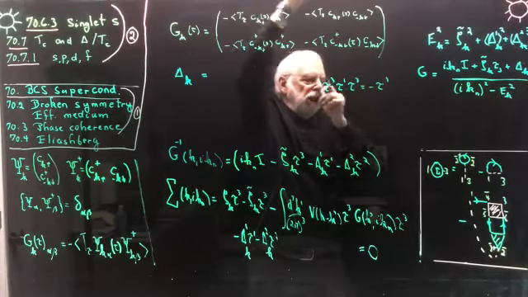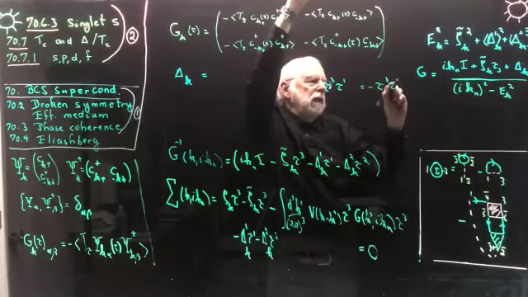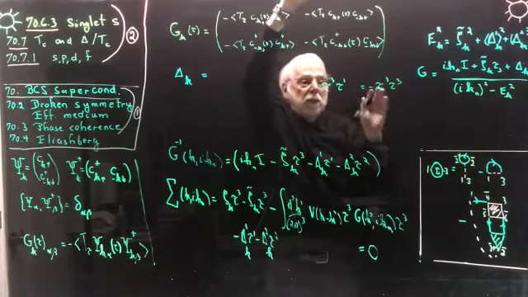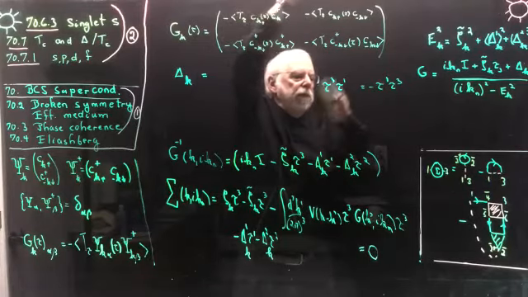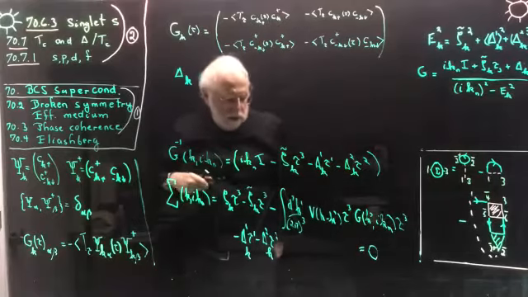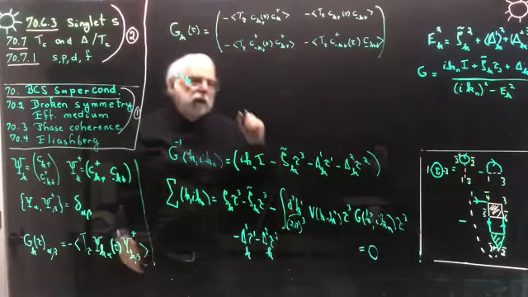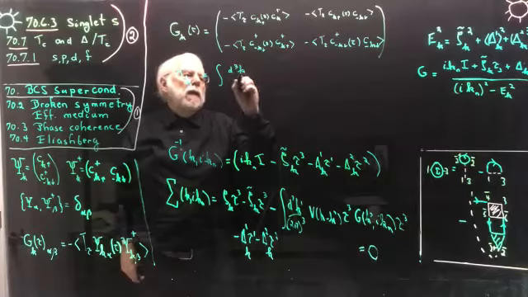Because multiply by tau 3 here, and you will get this. And we know that Pauli matrices anti-commute, so that's the right equality. So the minus sign drops out, and we are left with integral d cubed k over 2 pi cube.